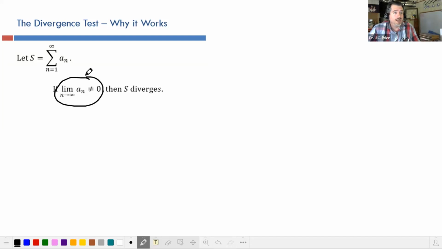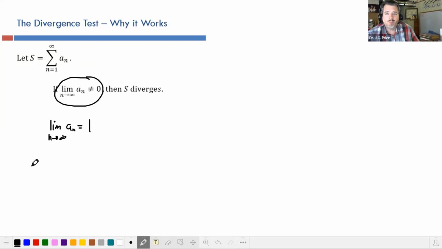Then we can say automatically S is going to diverge. And the reason for that, we're just going to take an example, pretend it was a number that was not equal to 0. So suppose you took the limit as n goes to infinity of a sub n, and suppose it was equal to 1.